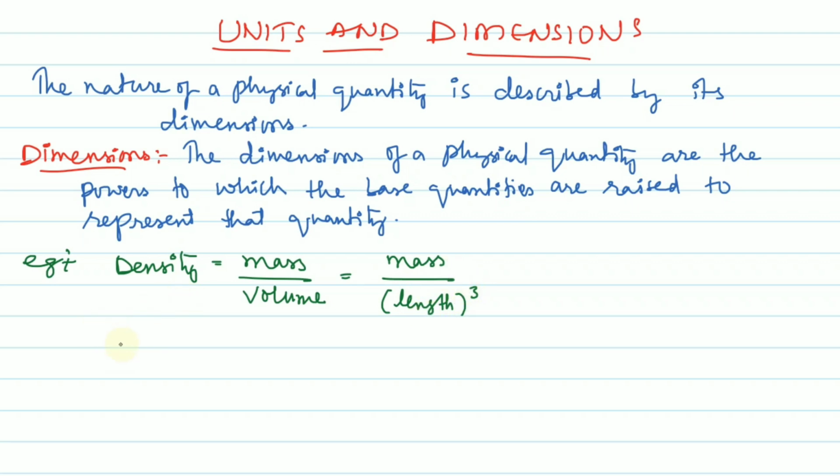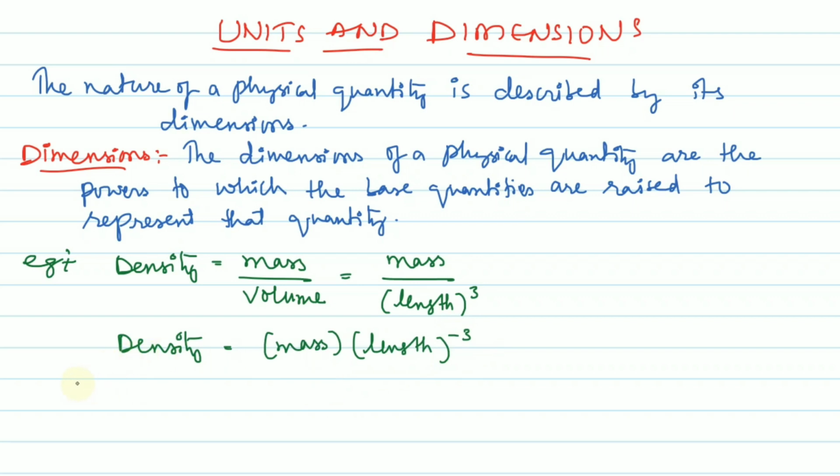Or we can write density as density is equal to mass into length, which is raised to the negative power of 3, right?